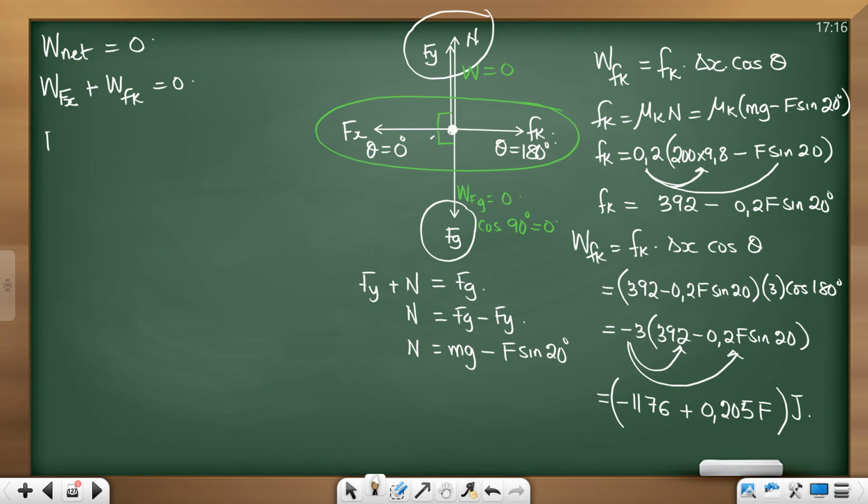It is the force delta x. Fx delta x cos theta. Do we know work done by friction? I think we do. We are looking for f, right? But what is fx? I think we have an answer for fx.